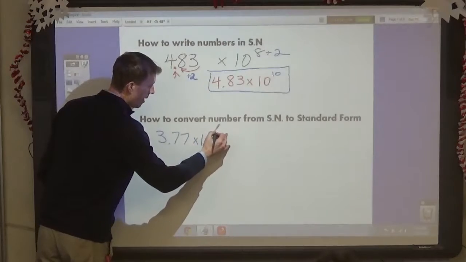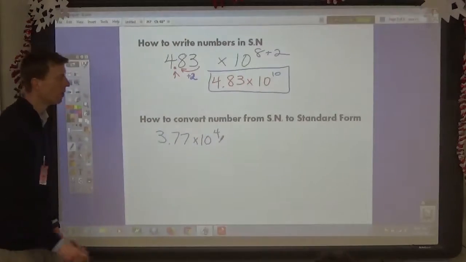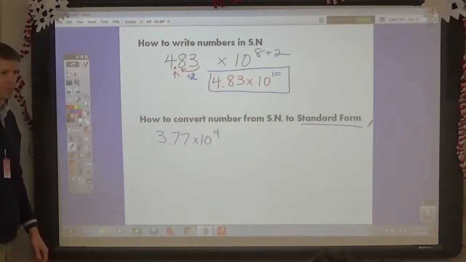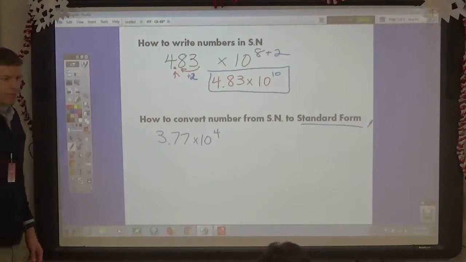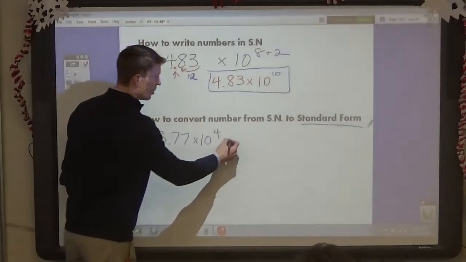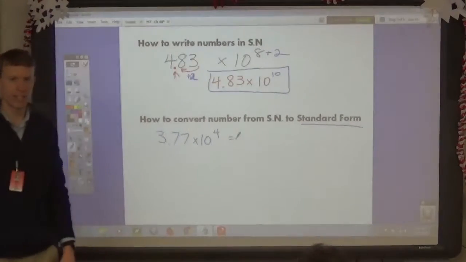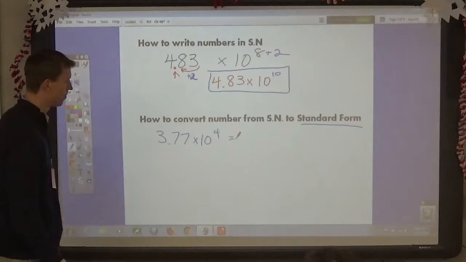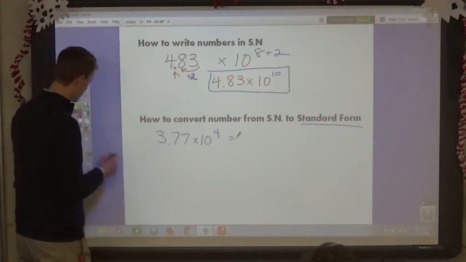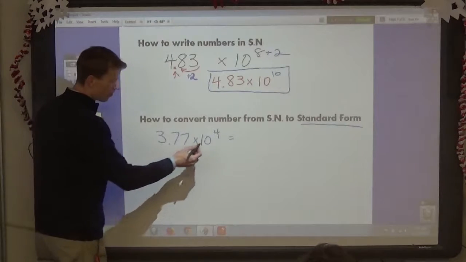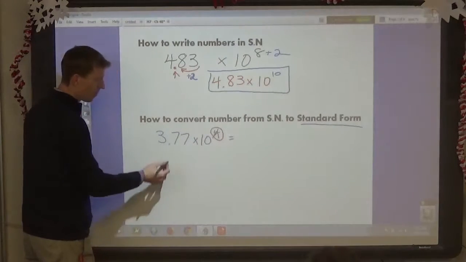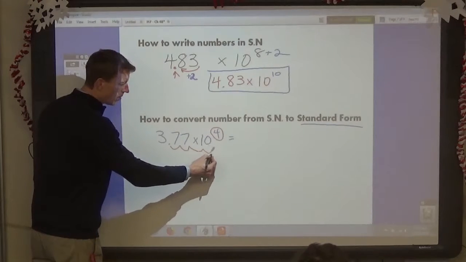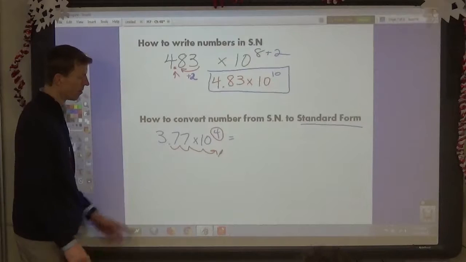How would we convert that to standard form? We're starting with scientific notation, how would we convert that to standard form? You have to have 4 digits after the point. Yes, you'd have to move this decimal place 4 places, right?